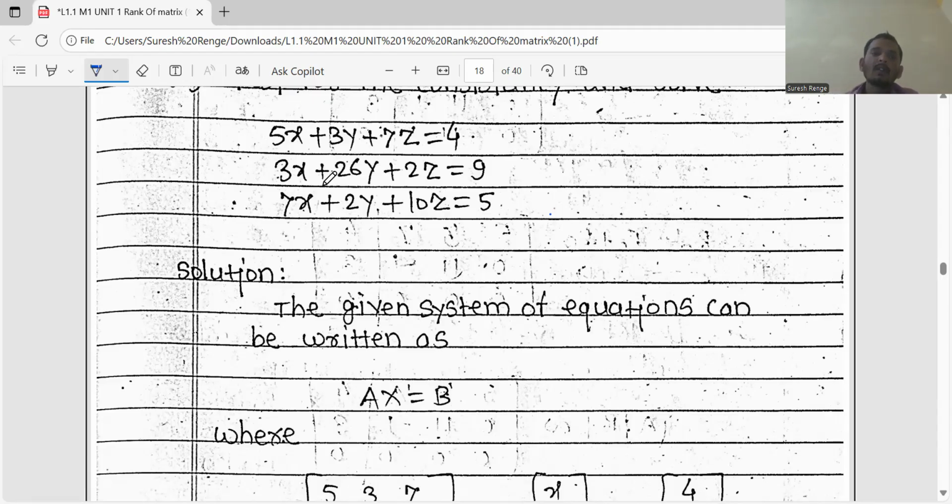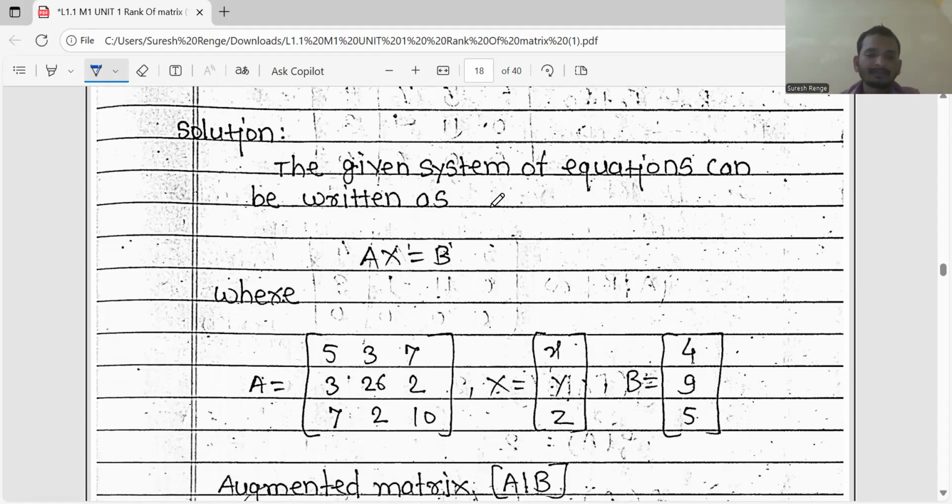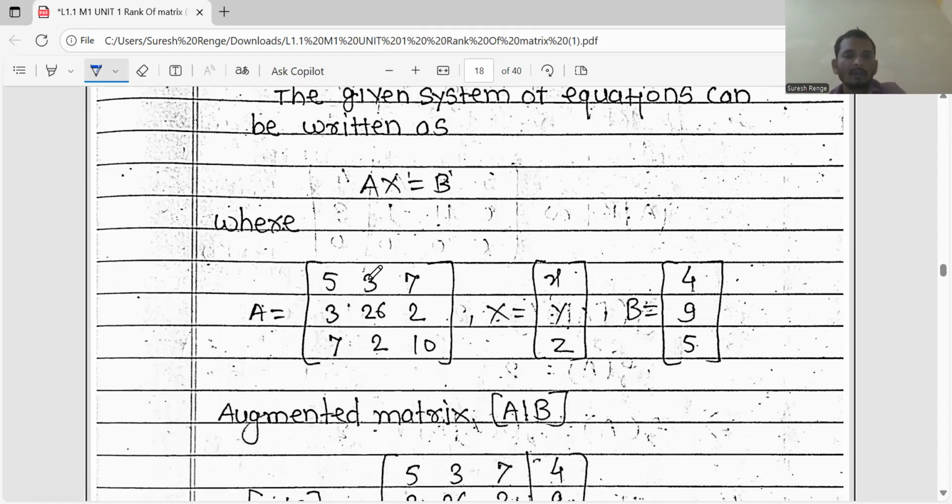The second row is 3, 26, 2. The third row is 3, 2, 10. The constant matrix is 4, 9, 5. This is the coefficient matrix A, X is the variable matrix x, y, z, and B is the constant matrix 4, 9, 5.